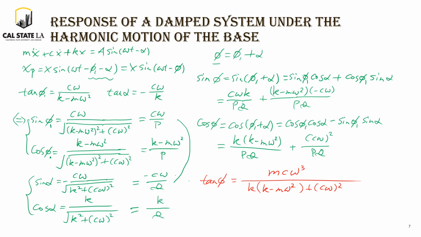All right, we can also write it in the inverse form to find the angle phi. So phi is equal to the inverse tangent of this whole thing: mc omega cubic over k times (k minus m omega square) plus c omega square.